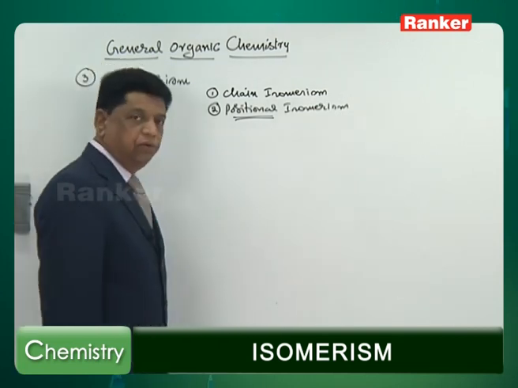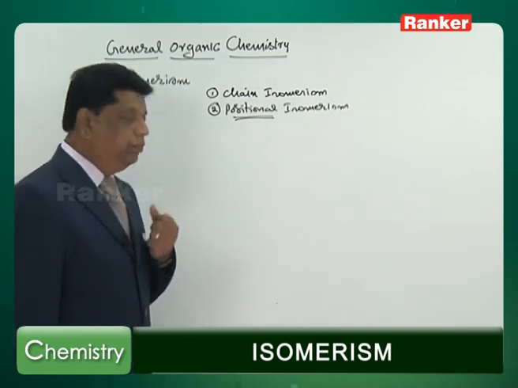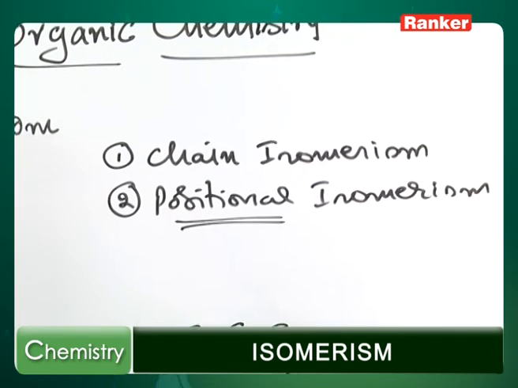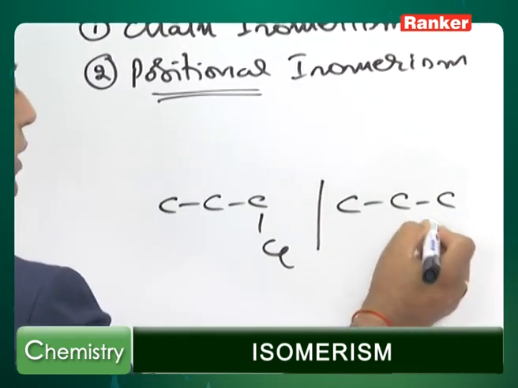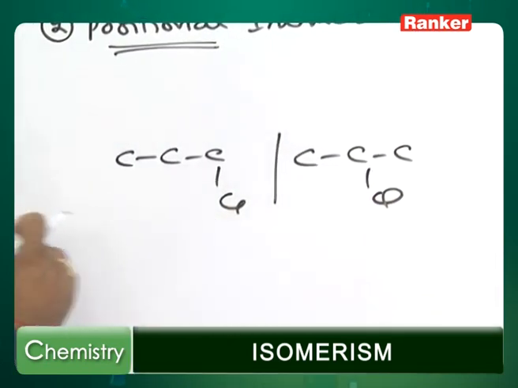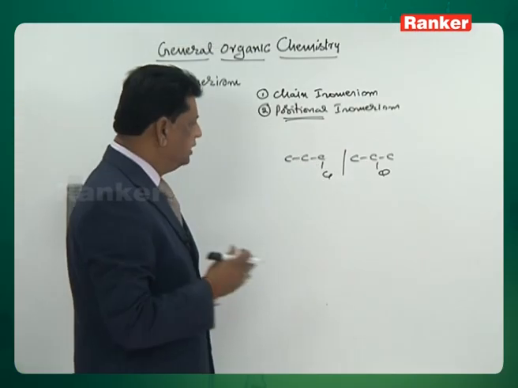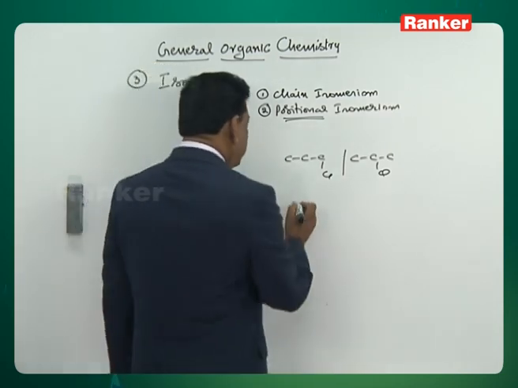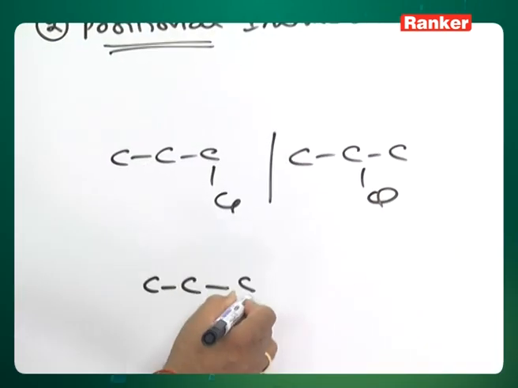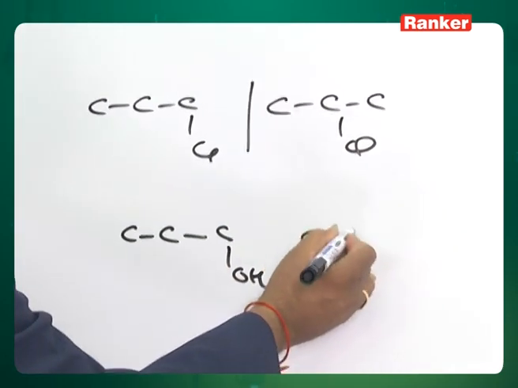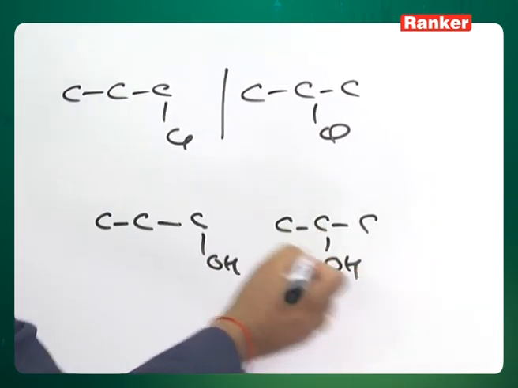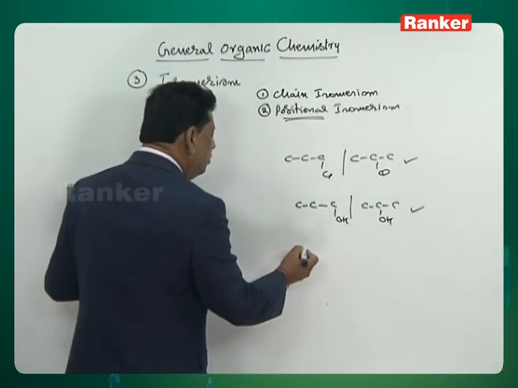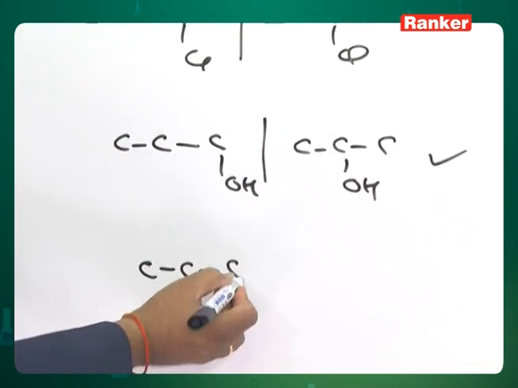In positional isomerism, what functional group can you change? You can change a chlorine, like 1-chloro, 2-chloro. The chlorine is a clear functional group, so you can slide it on the main skeleton. Similarly, a hydroxy group is also allowed, positional. You cannot do this with certain groups.